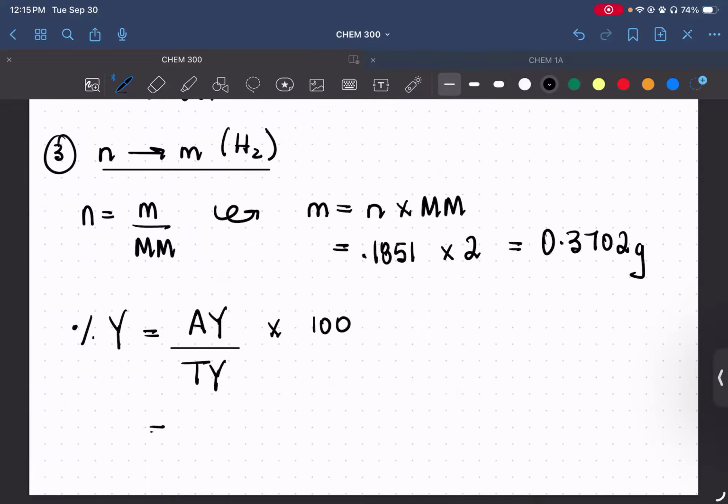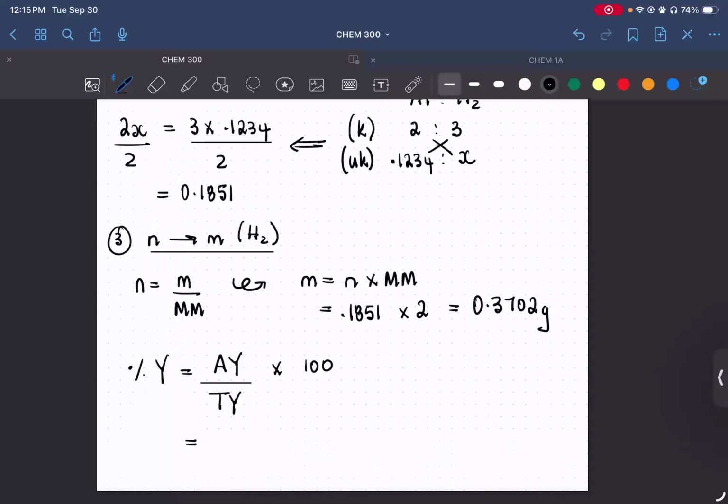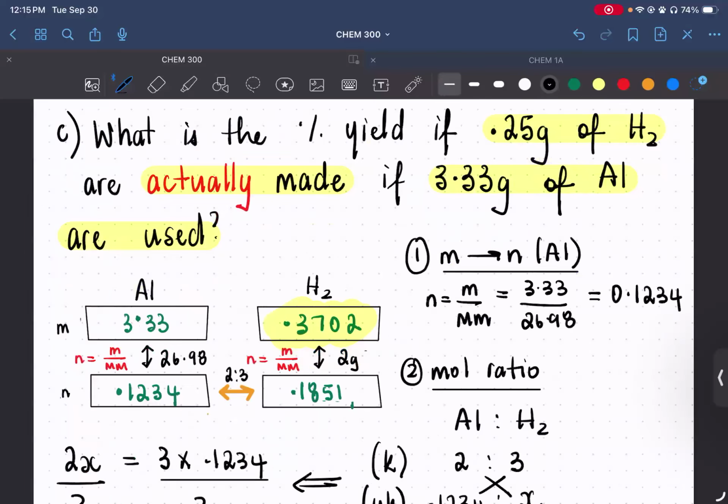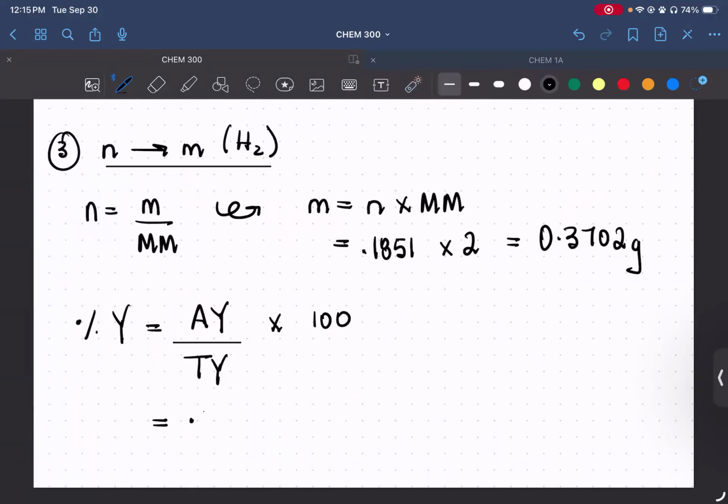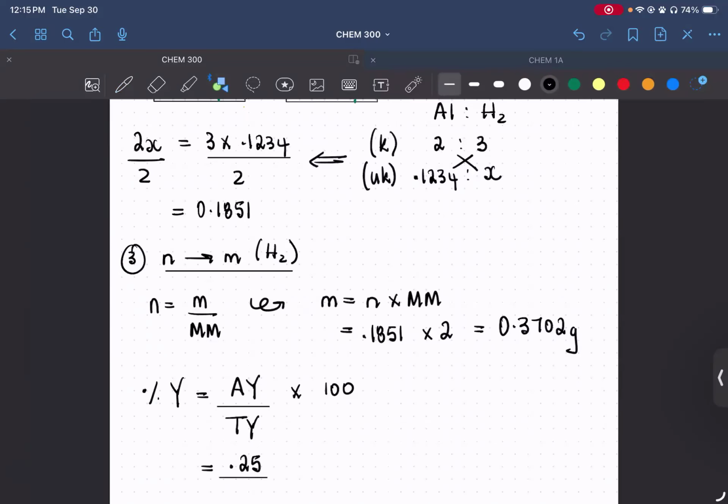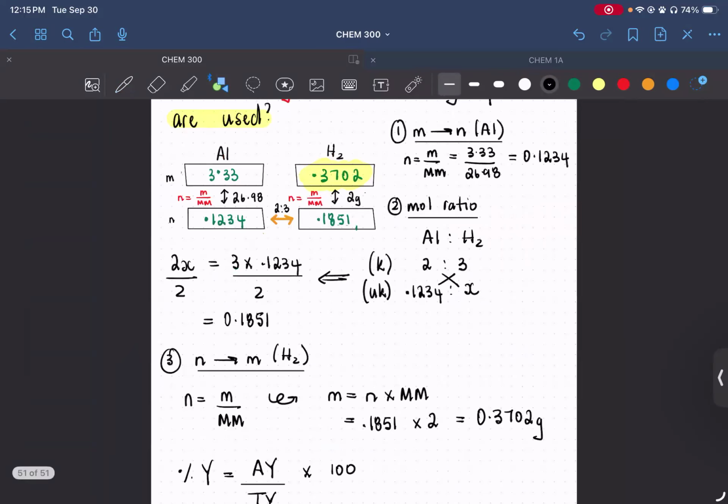The actual yield, that was told to us in the question. 0.25 grams of hydrogen are actually made. The theoretical yield, that's what we just spent all of our time doing.